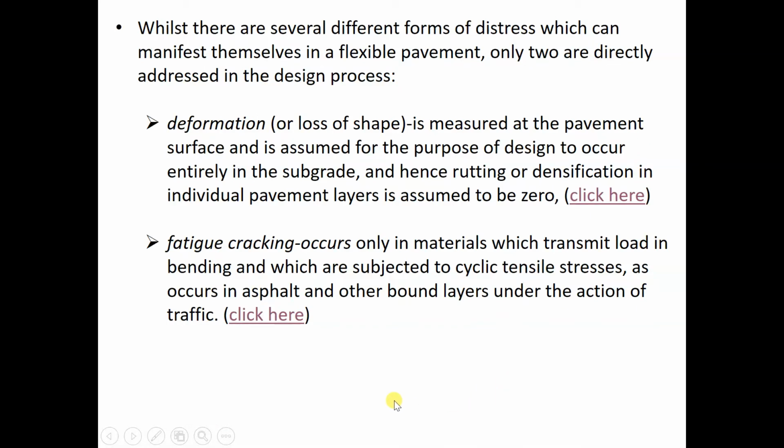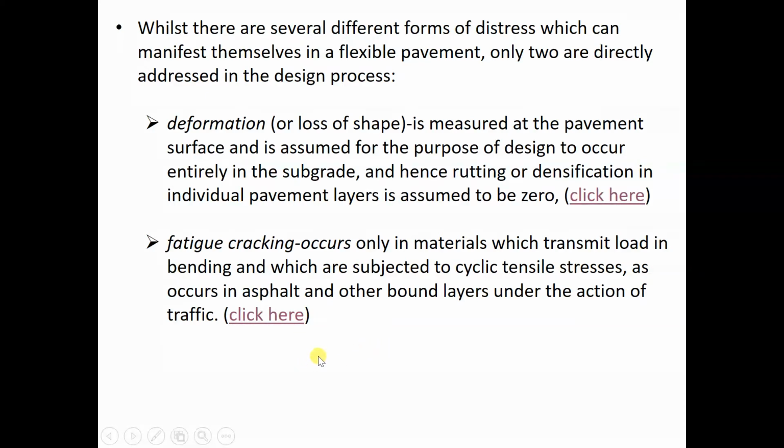For any layer in the pavement, for example the wearing course, the tensile cracking will happen at the bottom of the wearing course. Of course, when the bottom cracks, the cracks will transmit upwards, so the whole thing becomes cracked.